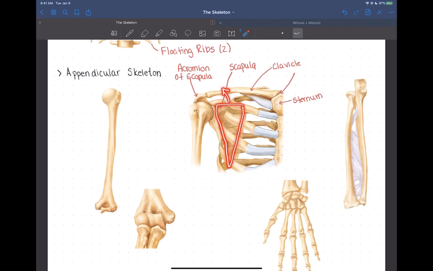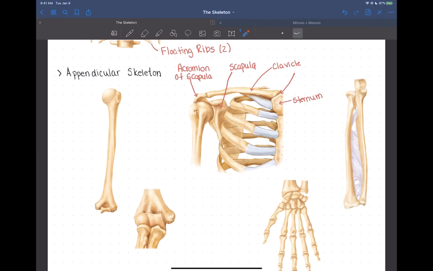And so typically with those car accidents, you will see a broken collarbone because you do have an articulation here. That scapula is moving back and it's going to pull on this collarbone and break it. That's because the scapula doesn't articulate with the rib cage. So when the force pushes it back, it can just move backwards, but the clavicle doesn't have that option, so it ends up breaking.